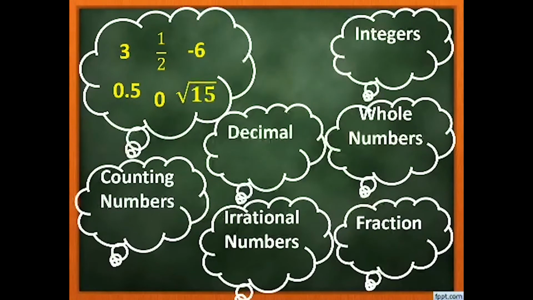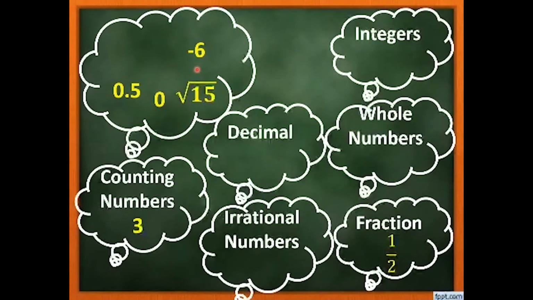So let's start with 3. Alin po kaya or saan po kaya natin ilalagay ang 3? Correct! Siya po ay sa counting numbers. Next, let's have 1/2. 1/2 belongs to the family of fraction. Correct!